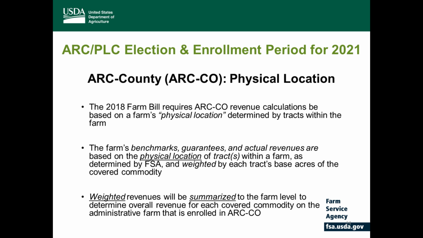So if your farm is being administered out of one county, but you have land in that farm that's physically located in another county, that's where this policy will come into play for physical location.